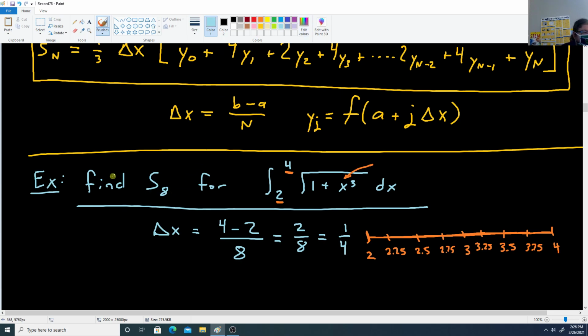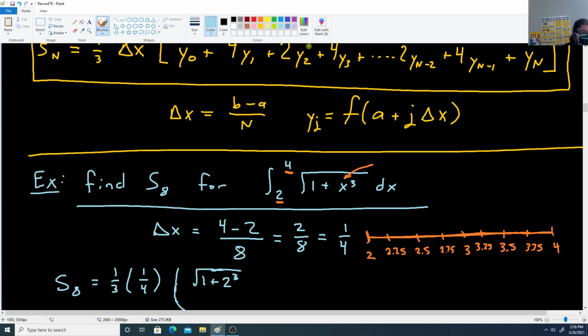So let's go and do Simpson's rule. S8 for this problem: we have a 1/3 out front, multiplied by delta x, which in this situation is 1/4. Then it's y sub 0, which is this function evaluated at 2, so we have the square root of 1 plus 2 cubed.